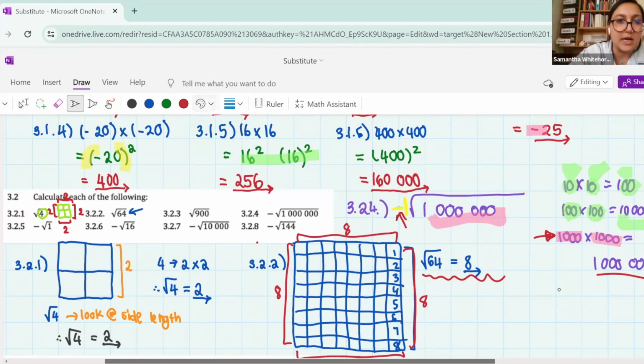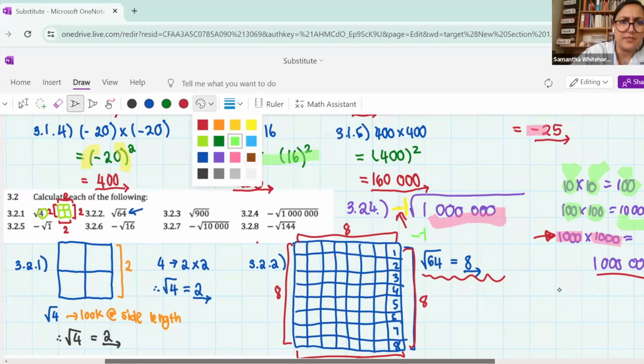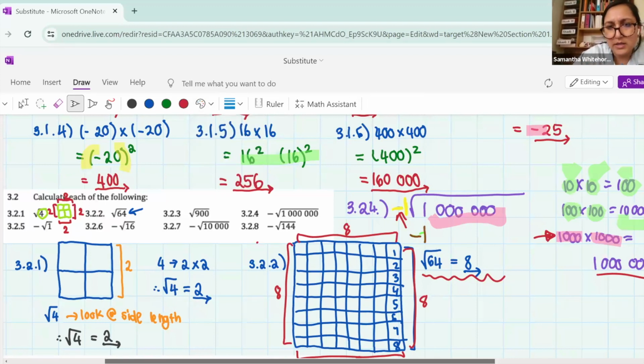So what this is actually saying is -1 times the square root of a million.